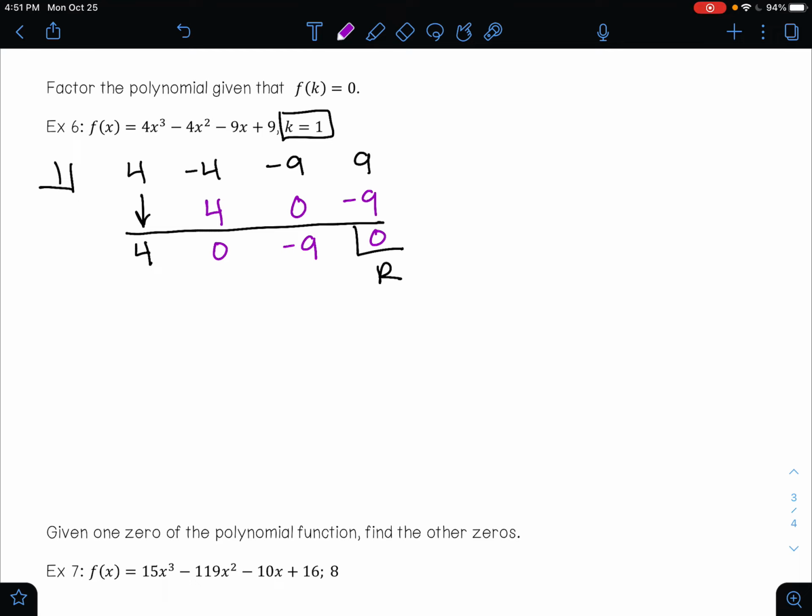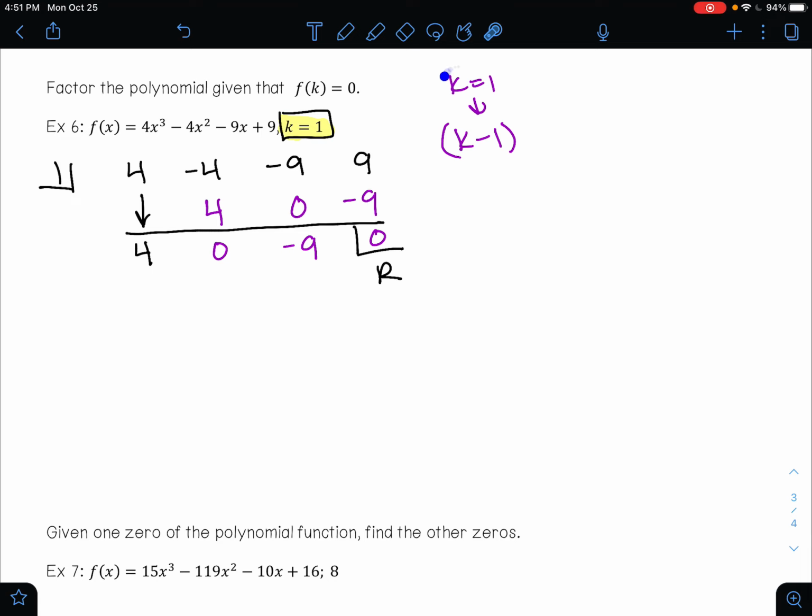And now I want to go ahead and write my factors. So let's see. If k equals 1 is a solution, then that means k minus 1 is a factor.